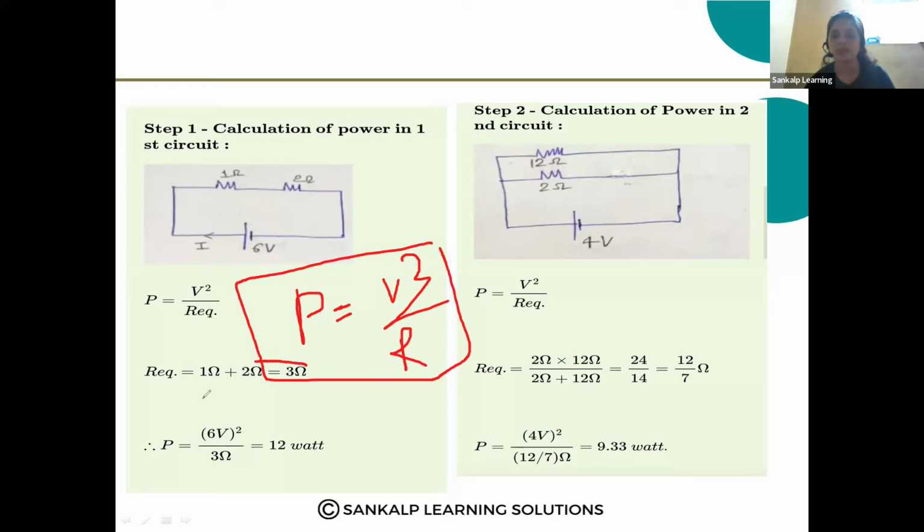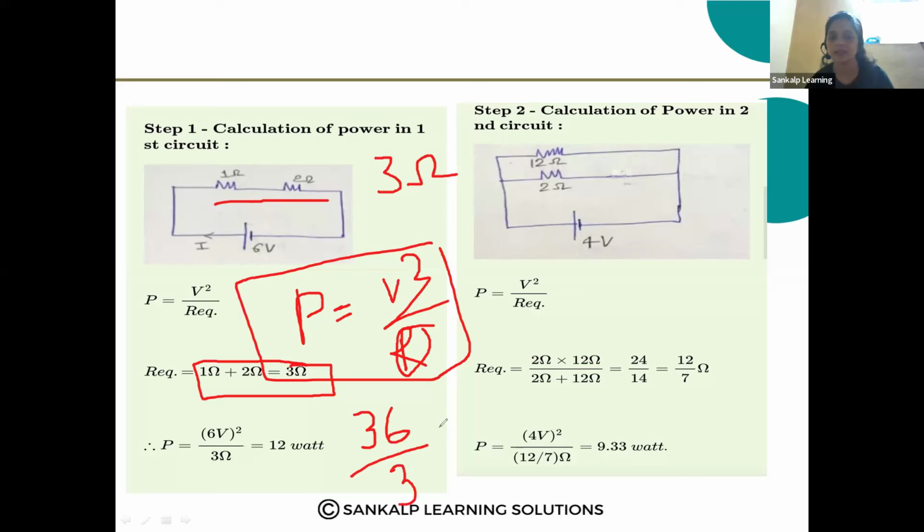First you have to find the resistance. When connected in series, the total resistance is 3 ohm, so R is equal to 3 ohm. V square is 36. 36 divided by 3 is equal to 12 watt. So power is equal to 12 watt in the first circuit. Is that clear?